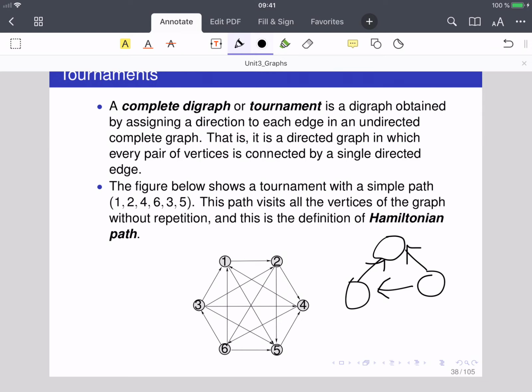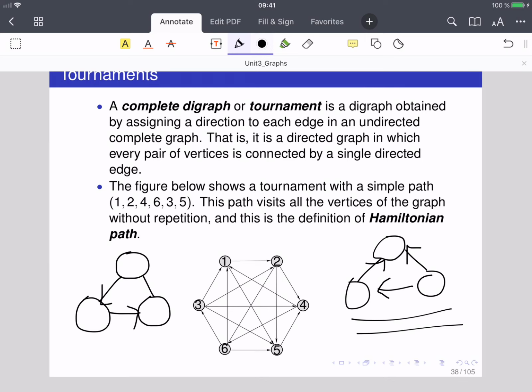But when we have, for instance, 3 vertices in a graph, and it is a complete directed graph, we can have different non-isomorphic graphs that do not have the same connections. So for instance, imagine that instead of doing the assignment of connections as in this graph here, I'm going to do it in this other way.